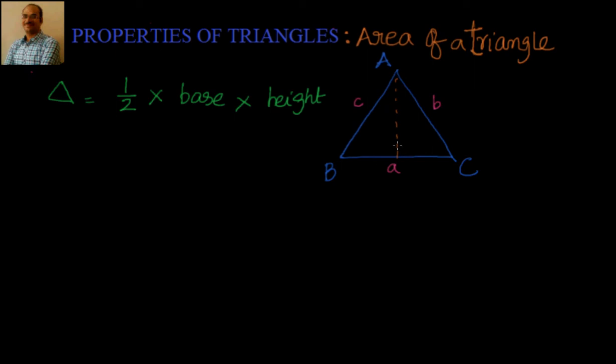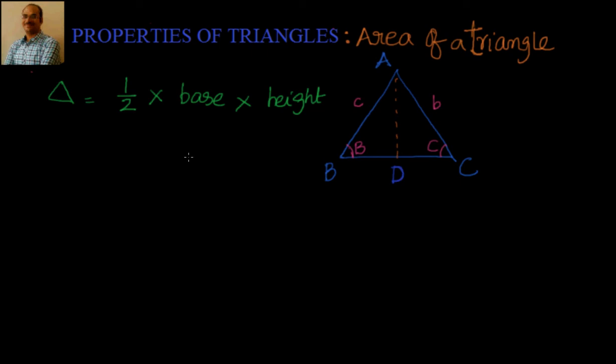Now this angle is angle B and this angle is angle C. Let us say this point is D. This is D, and the total length of BC is a.